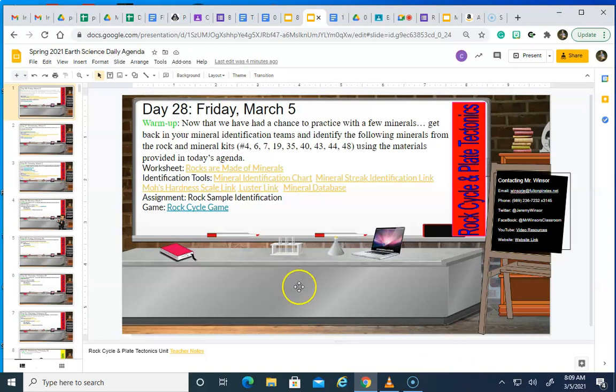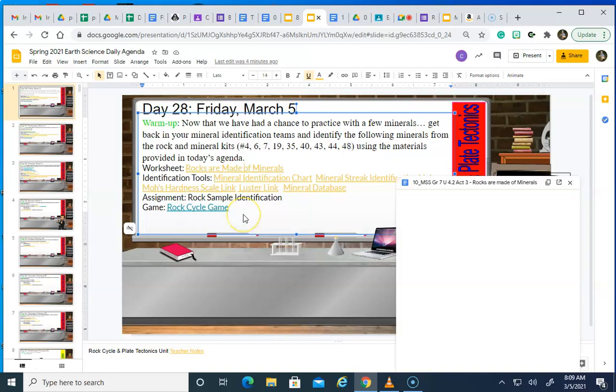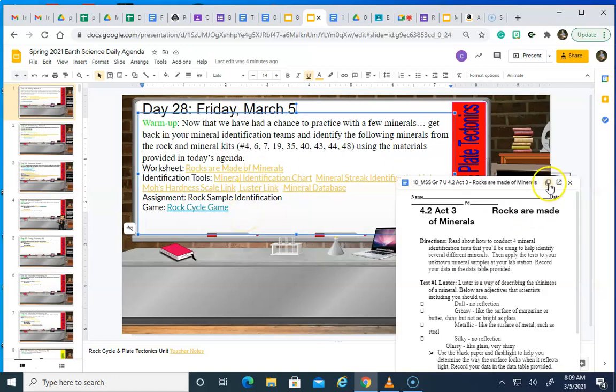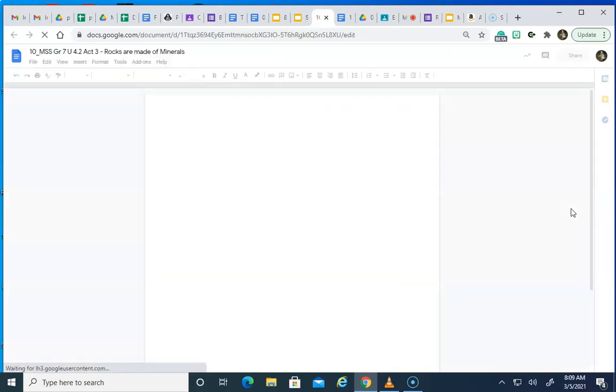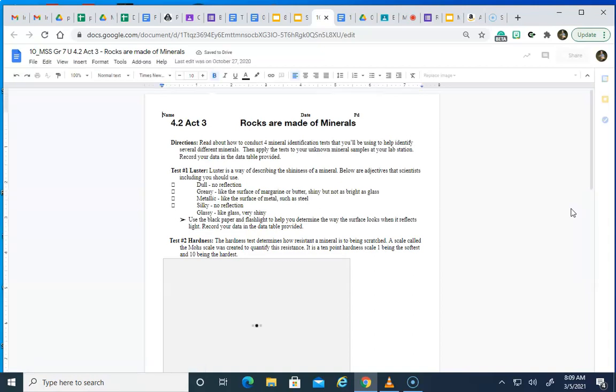You are going to observe the document that looks like this. This document says rocks are made of minerals, and it talks about a number of different characteristics that you may be looking for.